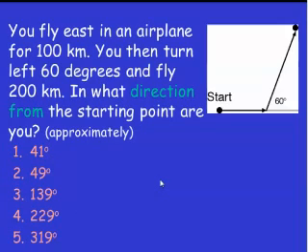And now to find the angle, it's the same thing. Now we want the angle that the vector makes from the start to the end. And I'll let you work on that. Pause the video, come back. It turns out it's 139 degrees.